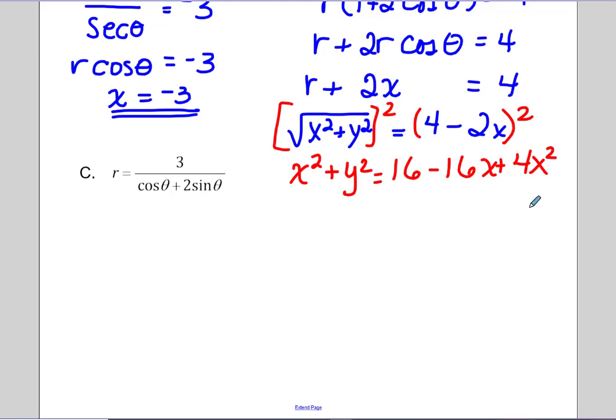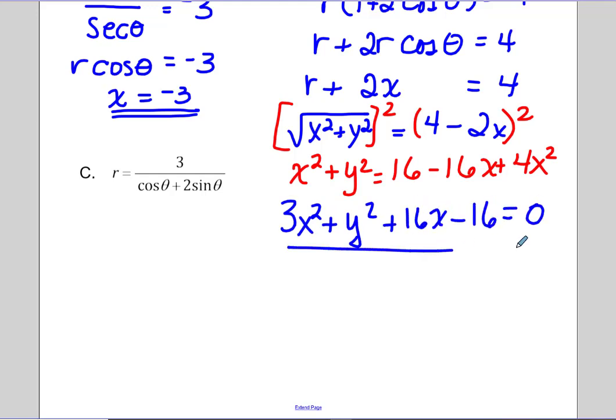And if we put everything on one side and collected like terms, we would have 3x squared plus y squared plus 16x and then minus 16 equals 0. So we have some really messy polynomial function in terms of x and y in this case.